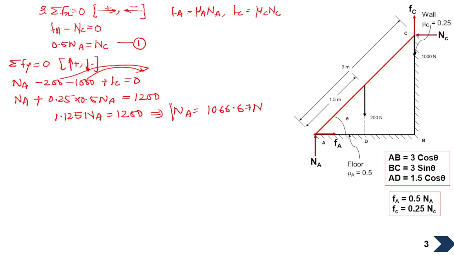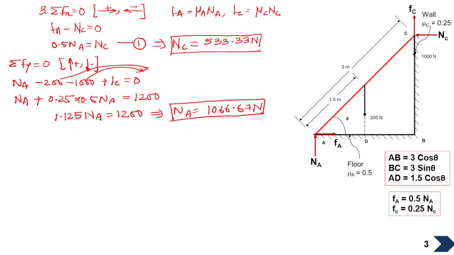So we have got NA. Similarly we can get NC. If we put the value of NA in equation 1, we can get NC easily, 0.5 NA. So NC will be equal to 533.33 Newton. Okay, so we got both the values of NA and NC by applying these two conditions of equilibrium.